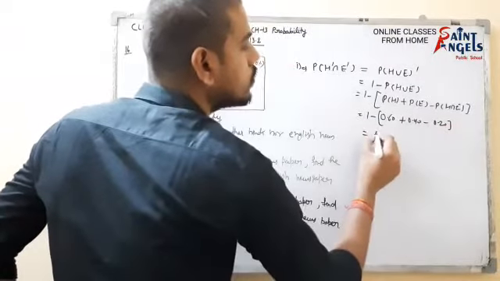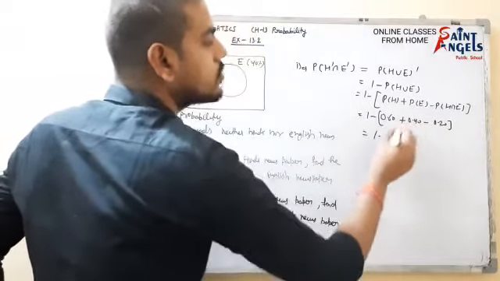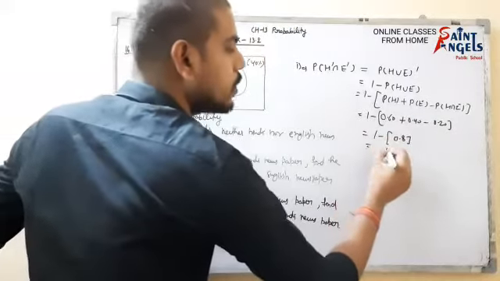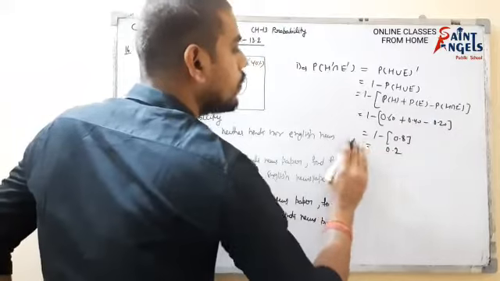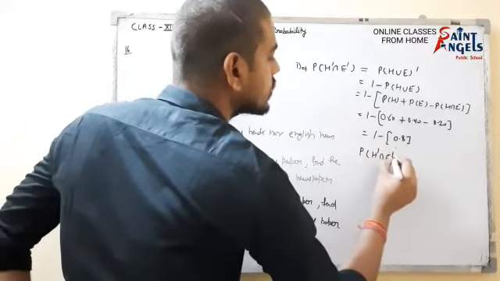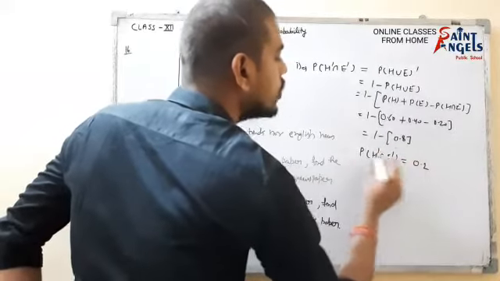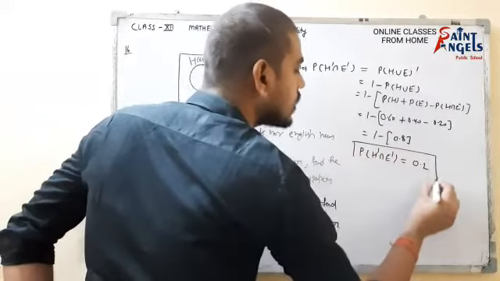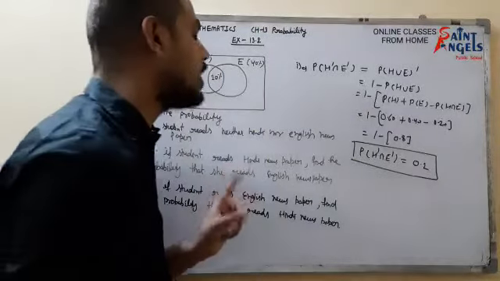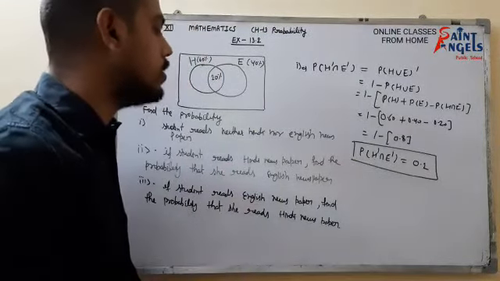That would be 1 minus 0.8, that would be 0.2. So the probability of P(H' intersection E') equals 0.2. So 20% is the chance that a student will read neither Hindi nor English newspaper.